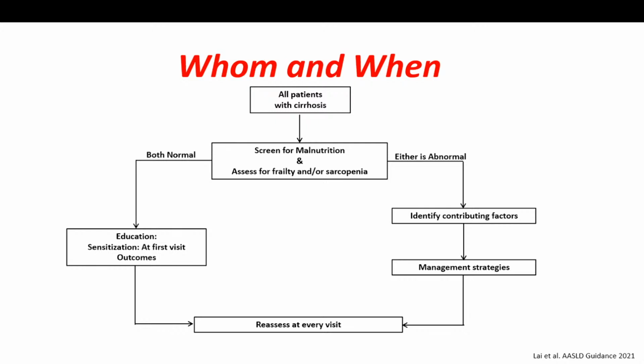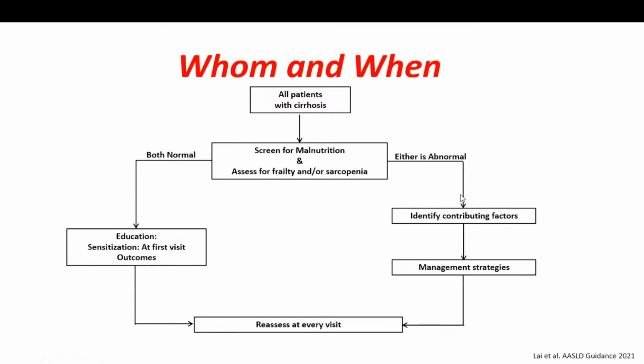Even if they do not have sarcopenia at that time, with whatever tests you've heard about since yesterday, talk to your patient that he may develop it in future. You need to educate. You need to start talking. Unfortunately, this part is something we lack, because we don't have that much time and we are all seeing so many patients. But this is something we miss out.